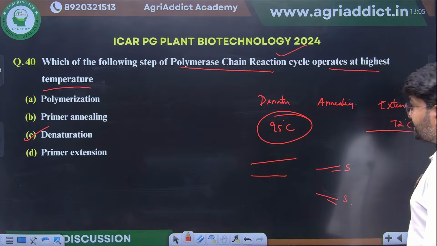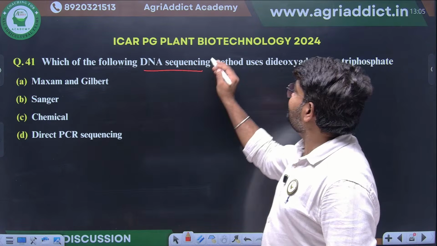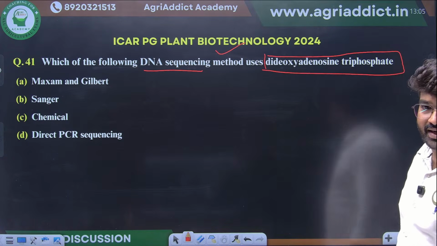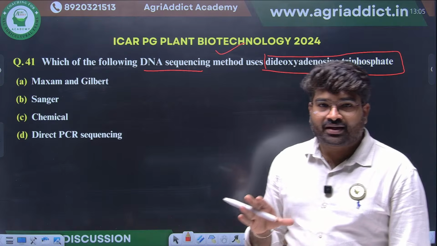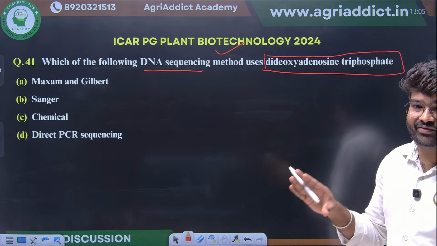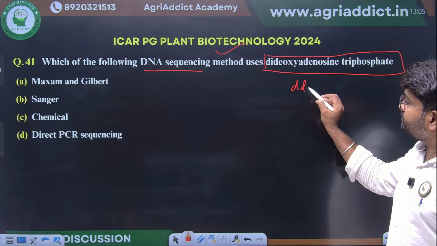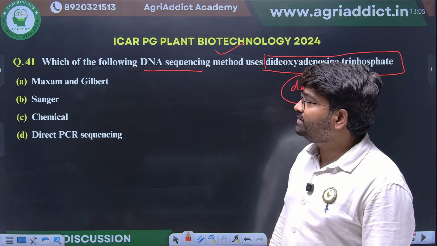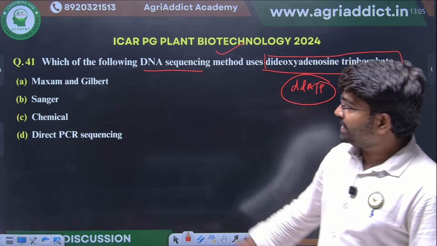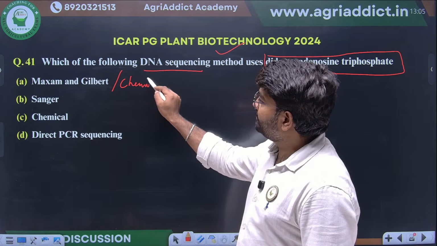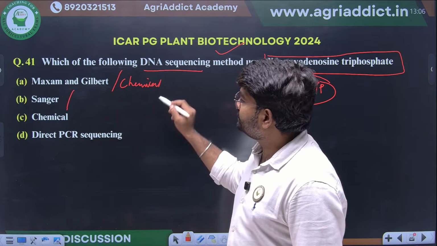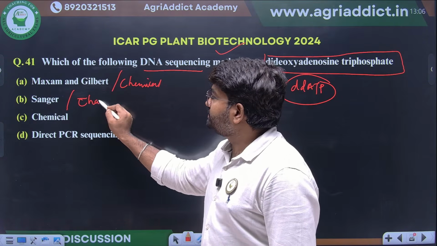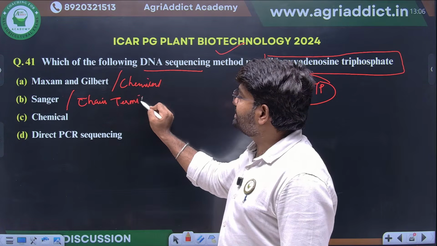Next, which of the following DNA sequencing methods uses dideoxyadenosine triphosphate? Is it Maxam Gilbert, Sanger, or the chemical method? Maxam Gilbert is also known as the chemical method. Sanger is also known as the chain termination method.